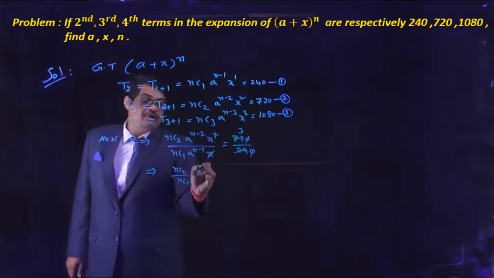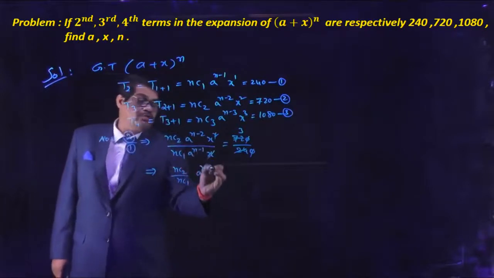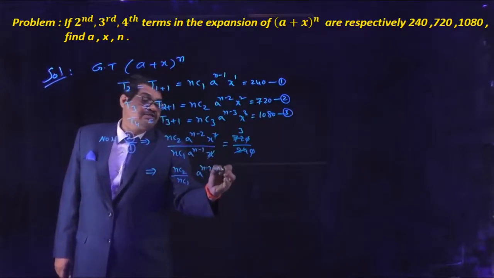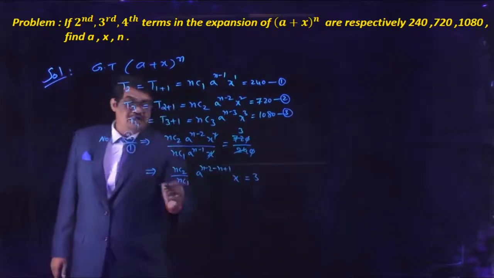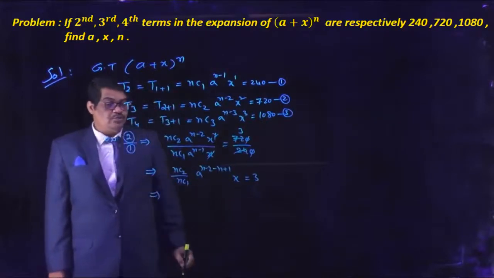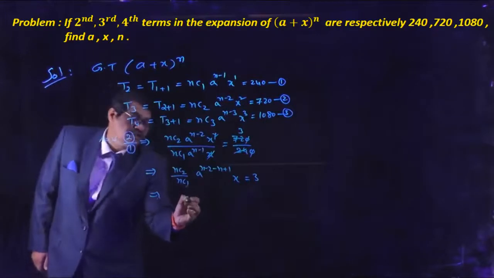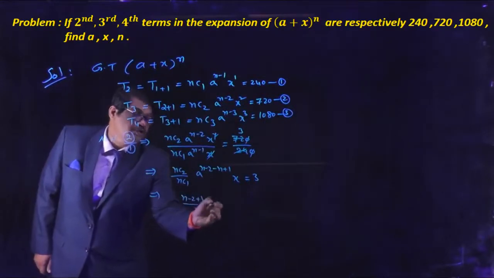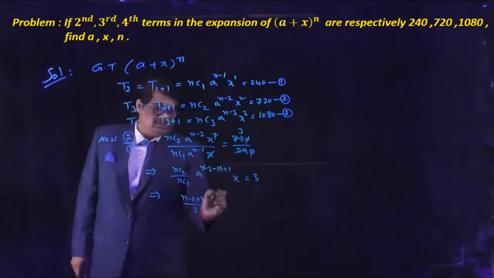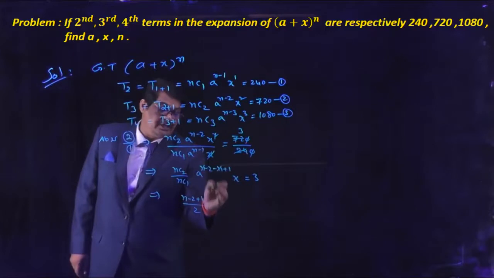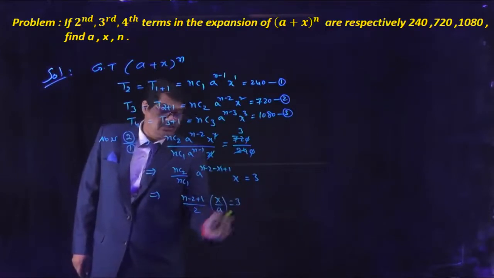Here a^(n−2) by a^(n−1): the bases are equal, so we subtract the powers. So nC2 by nC1, using the formula nCr by nC(r−1), is (n − 2 + 1)/2, into the n terms cancelled in the powers. Here −2 + 1 gives a^(−1), that is 1/a. So we are getting x/a = 3.